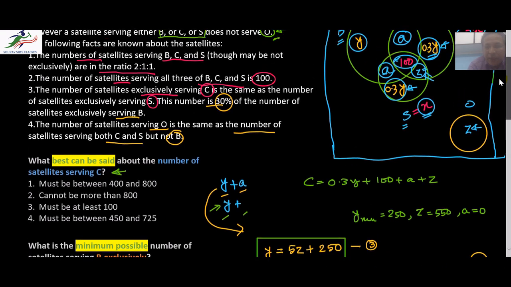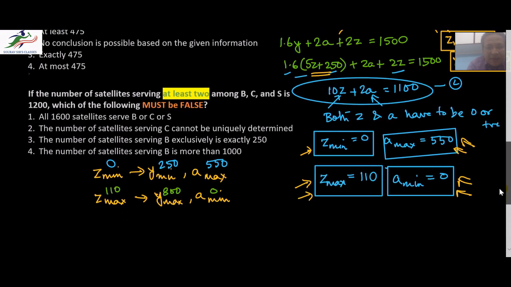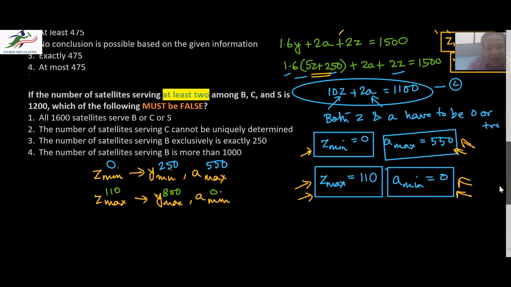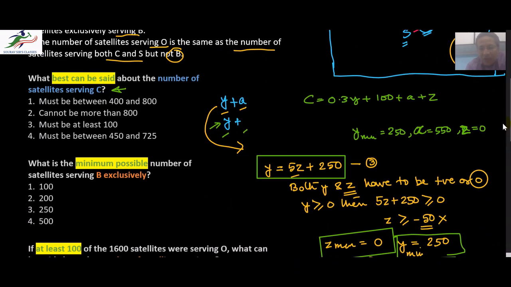I'm sorry, A is 550, Z is 0. This is one set, and the other set is Y 800, A 0, and Z 110. So now we put this set of values in C, and we can get the maximum and minimum values.